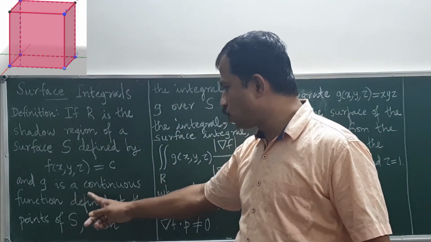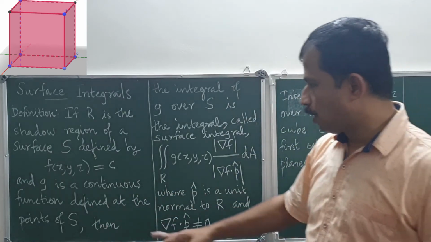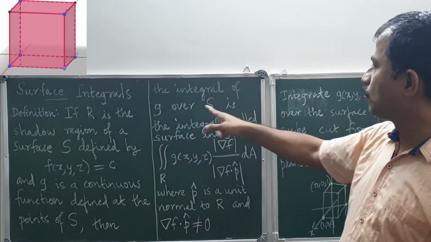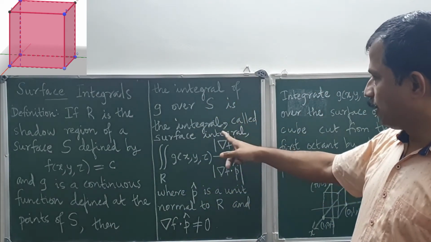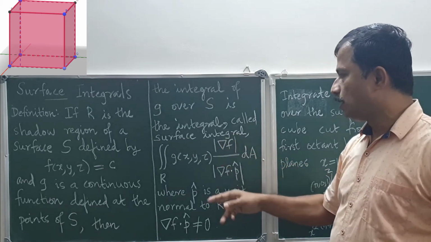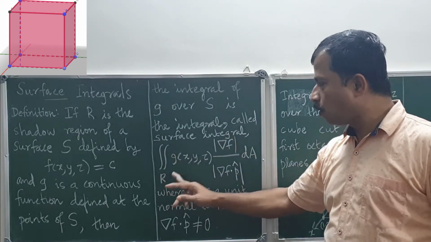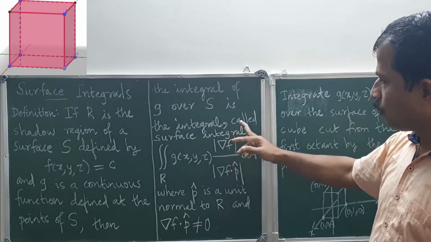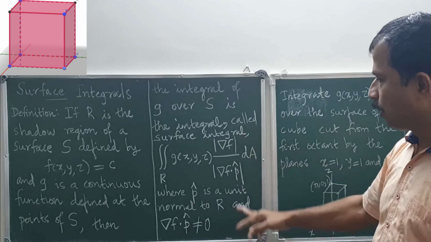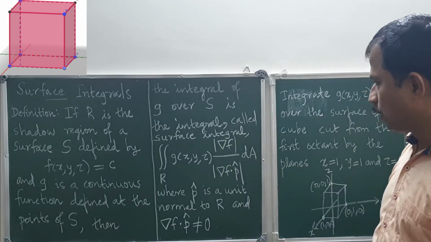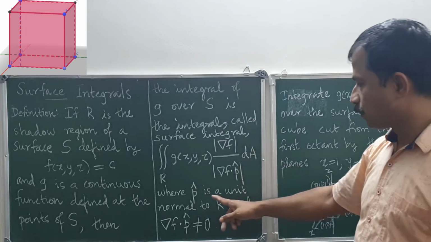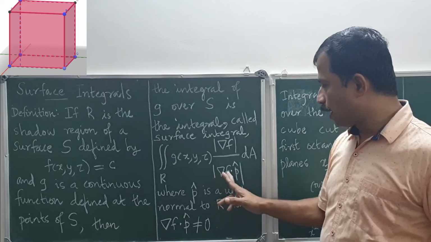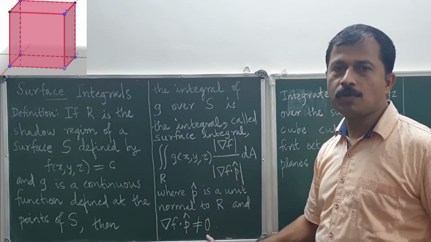Also assume that g is a continuous function defined at the points of the surface. Then the integral of g over S is called the surface integral, and it is given by the double integral over R of g of xyz times the magnitude of grad f divided by the magnitude of grad f dot p, dA, where unit vector p is a unit normal to the region R, and we assume that grad f dot p is not equal to 0.